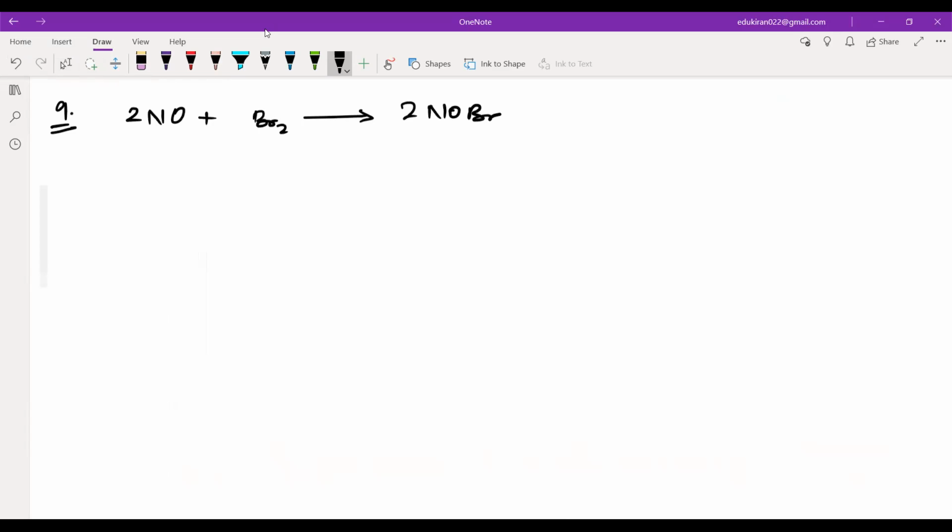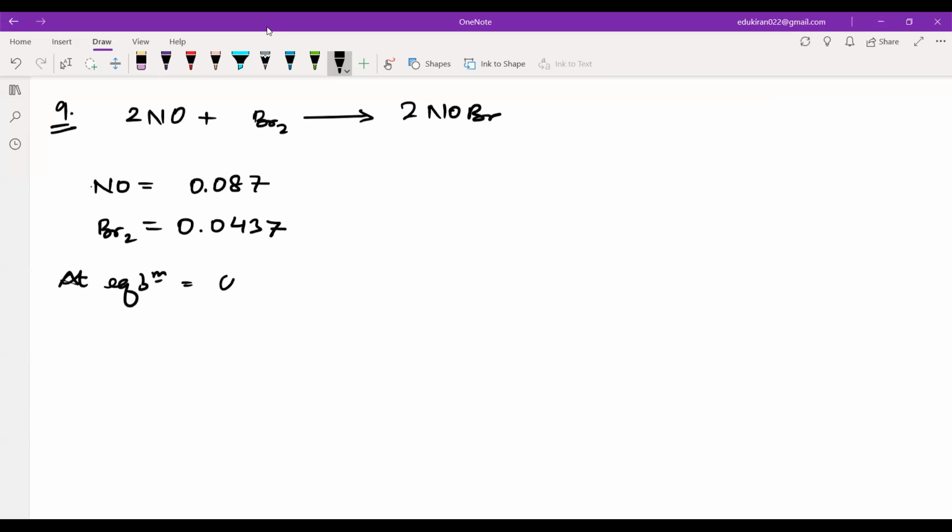And they have given the number of moles of NO, which is equal to 0.087, and the number of moles of Br2 is equal to 0.0437. Are mixed in a closed container at constant temperature and at equilibrium.